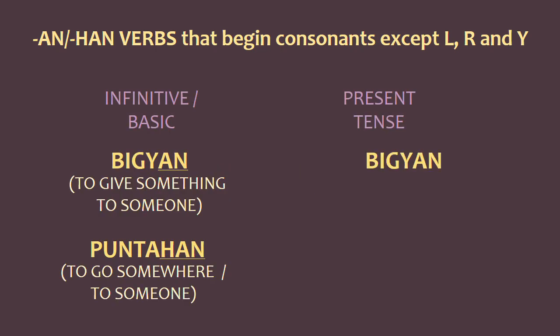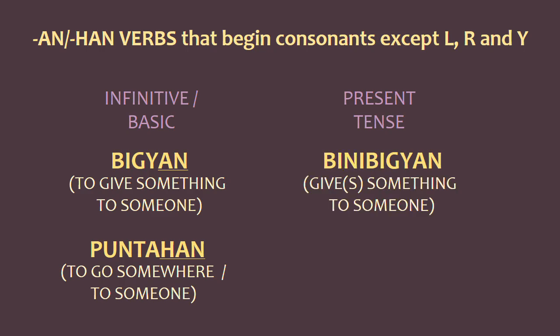For the present tense, you take the first two letters, which is BI, and then you double it. And after that, you insert the infix in between the first letter and the rest of the letters. So we have binibigyan.